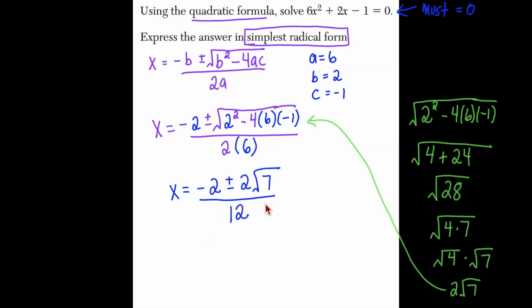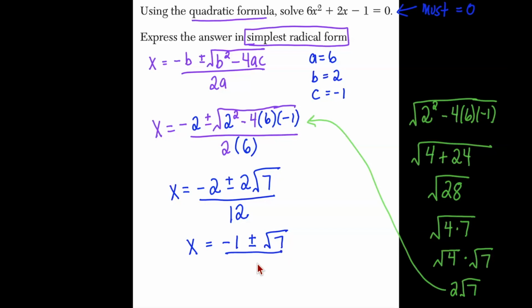Now, if I wanted to simplify this a little bit more, I could technically divide the numerator and the denominator by 2. Notice I had the 2 here and 2's here. So this I could simplify into negative 1 plus or minus the square root of 7 all over 6.